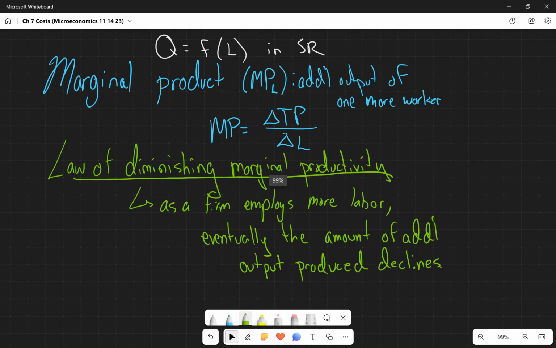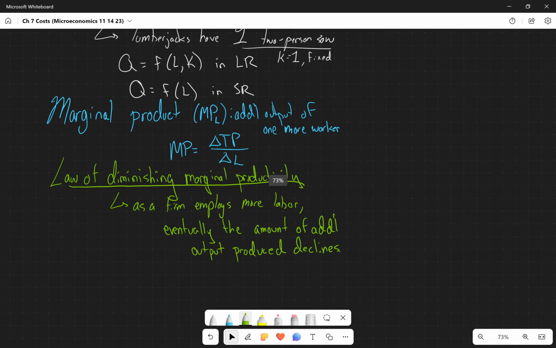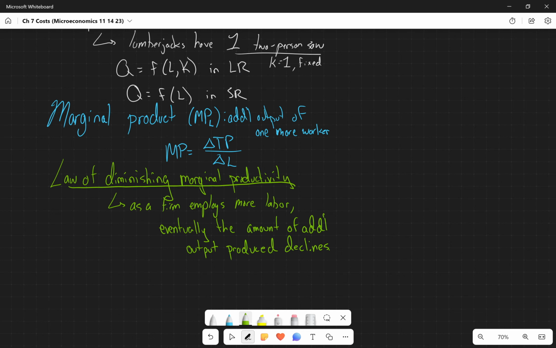So let's say we had some more data about this lumberjack situation, right? And let's say we hired different numbers of people on different days, and we took some data to figure out how many trees they were able to cut down, right? So the total product here is the number of trees. And then on the x-axis, we have labor, which is the number of lumberjacks.